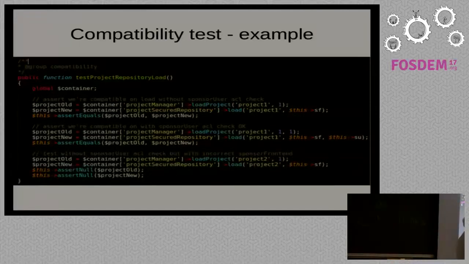That's old legacy code at the same service as before. We use IDs. Here I have the new thing which uses objects. That's a very easy compatibility test to write because the two things do the same thing, just load an object.